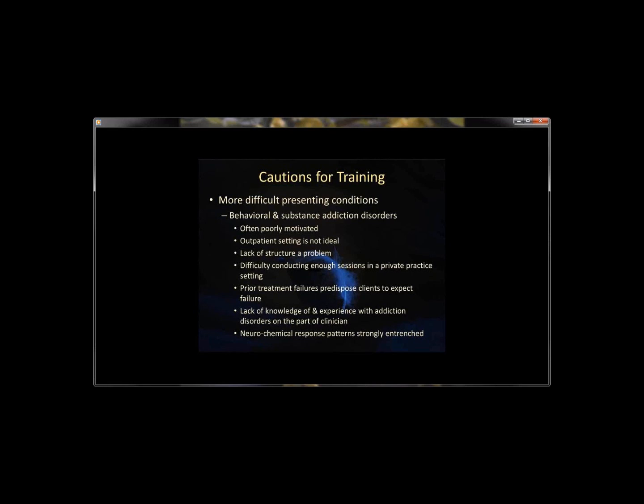Another group that is very difficult to work with is the behavioral and substance addiction disorder group. There are a lot of reasons for this. They become very attached to their addiction, very identified with their addiction. They're often poorly motivated. An outpatient setting is not ideal. Neurofeedback by itself is not a standalone solution to these problems.